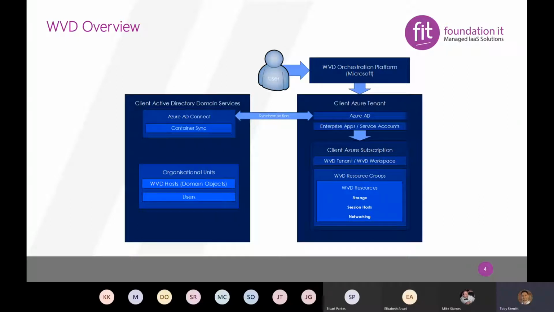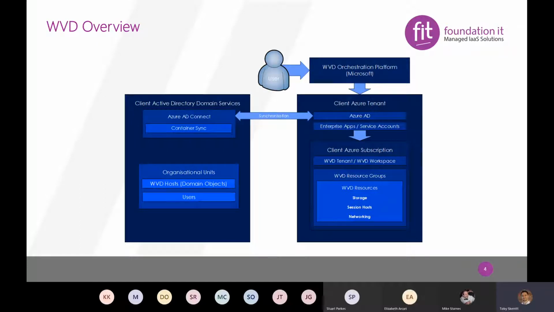Within Azure, you simply need an Azure tenant and an Azure Active Directory. There are some service accounts that get added to the environment, and then within your Azure subscription, you would have a Windows Virtual Desktop tenant or workspace, which is the new terminology, and some resources. So that would be session hosts and the storage associated with the environment and the networking associated with the environment.